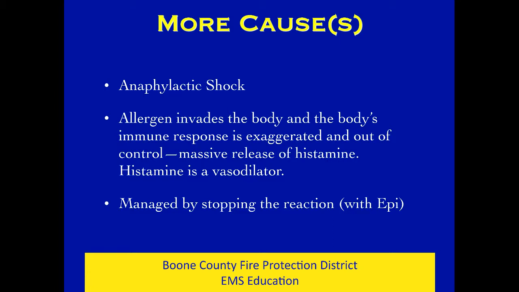Same with seafood or aspirin or penicillin or peanuts or whatever else a person might be allergic to. They have an exaggerated immune response, and the key for you to remember is that the immune response releases histamine. So an exaggerated immune response releases way too much histamine.